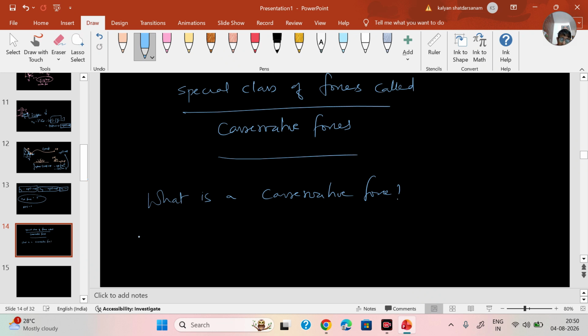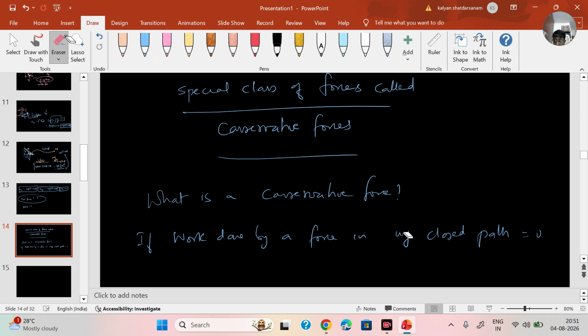The answer is, if work done by a force in any closed path is zero. Whichever closed path you take, in that it should be zero. Or it is better if I say work done by a force in all the closed paths is zero.